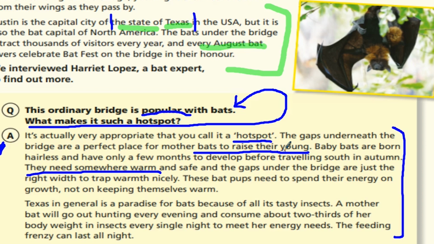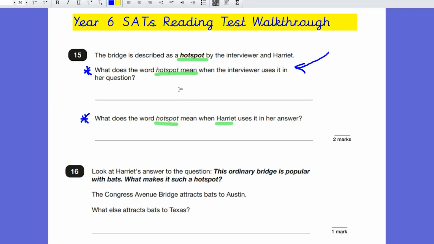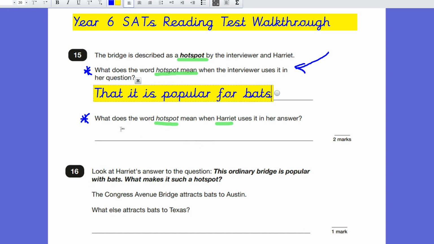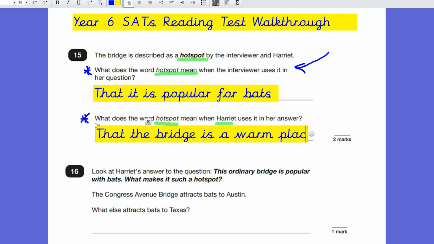Right, let's go back to our answer. So if we look at these two, what does the word hotspot mean when the interviewer uses it? That it is popular for bats. And what does the word hotspot mean when Harriet uses it? That the bridge is a warm place for young bats because they're born hairless.